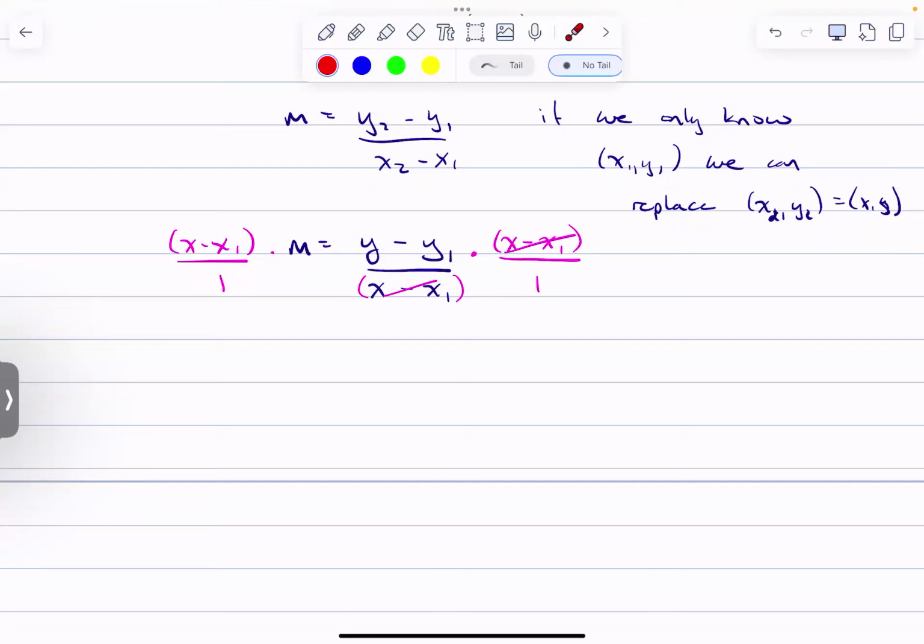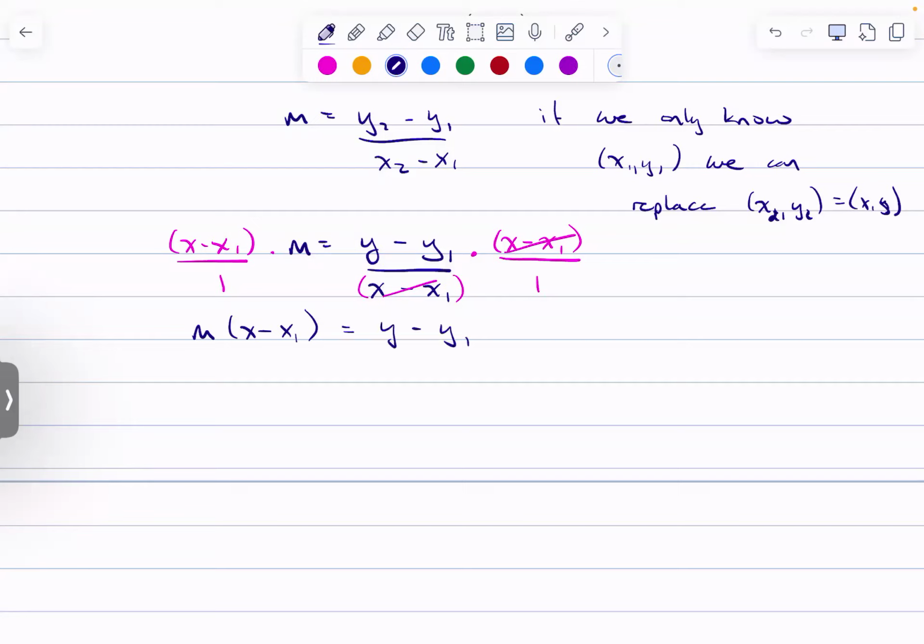It's general convention that we write the single thing in front of a bracket of stuff, mostly because otherwise you might miss the multiplier of m. So I'm going to rewrite it as m times x minus x1. It doesn't matter: a times b is the same as b times a. That's a fact. But this becomes y minus y1.